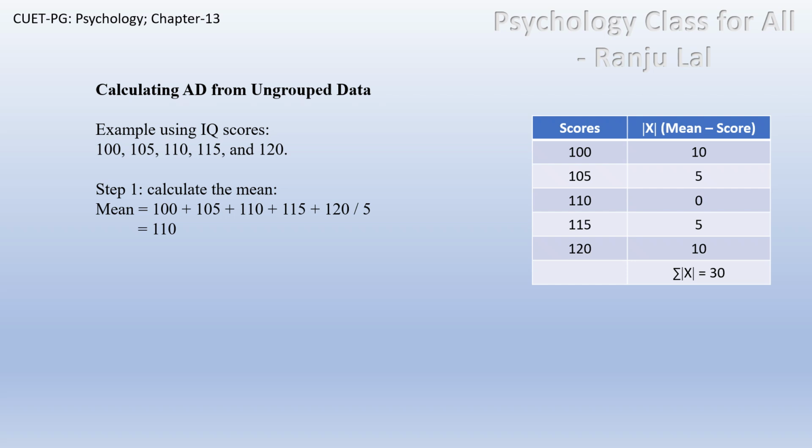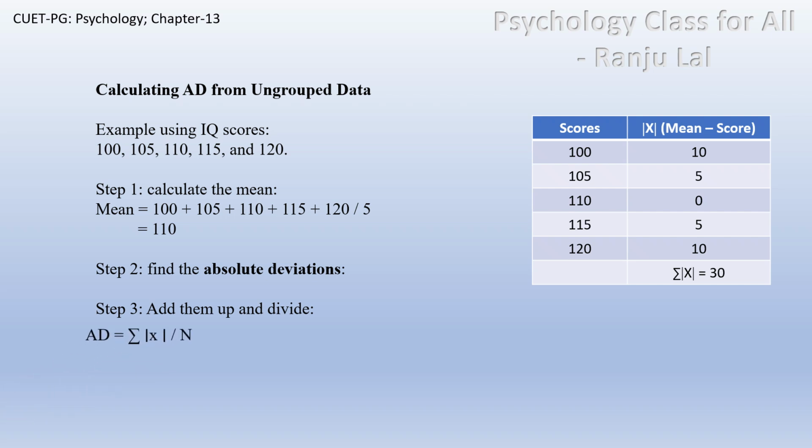Now find the absolute deviations. Deviation is calculated as the mean minus the score, and the deviations are put in the next column, that is modulus x, small x. So the total of that column is 30.